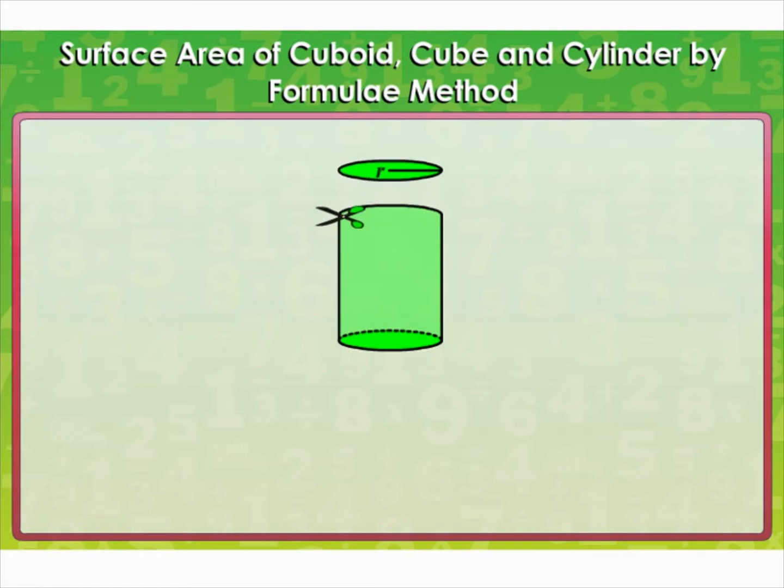Consider the cylindrical figure whose base radius is r and height h. Cut the top of the cylinder, cut the bottom of the cylinder, and cut the middle part of the cylinder vertically.